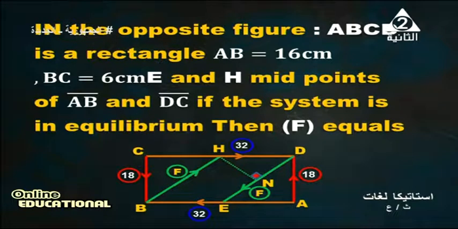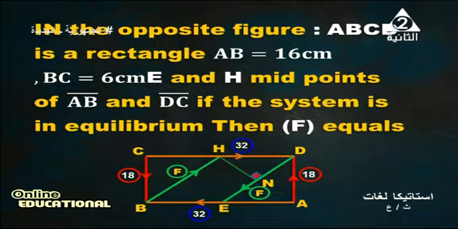My dear student, look at another example. In the opposite figure, ABCD is a rectangle. AB equals 16 centimeters, BC equals 6 centimeters, E and H are midpoints of AB and DC.